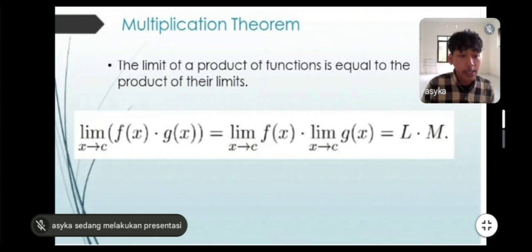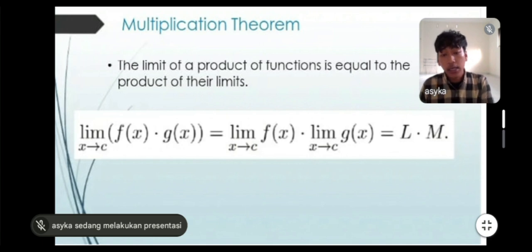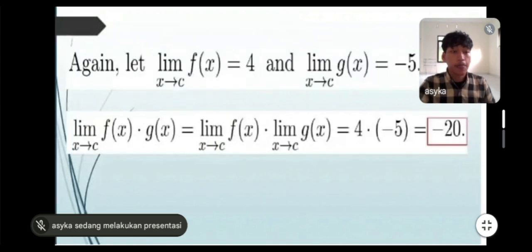Limit x approaching c of f(x) times g(x) equals limit x approaching c f(x) times limit x approaching c g(x) equals L times M. Again, let limit x approaching c f(x) equal 4 and limit x approaching c g(x) equal minus 5.